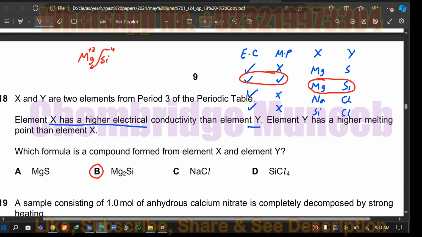So when we construct the formula, we cross their charges, and then we will get Mg4Si2, and if we take its empirical formula, then we will get Mg2Si. So that's why its correct formula is Mg2Si.